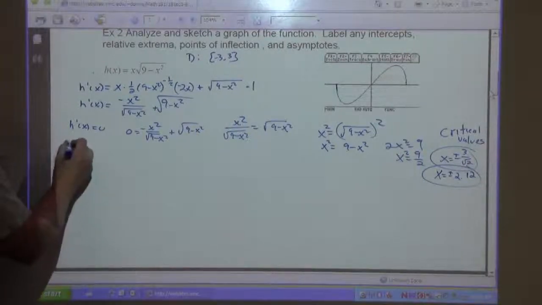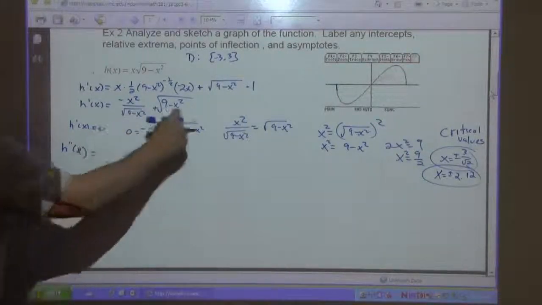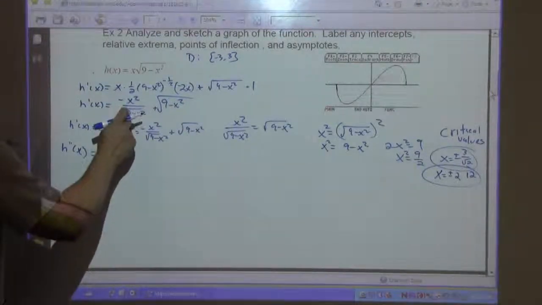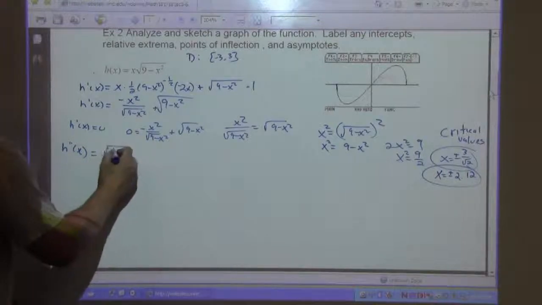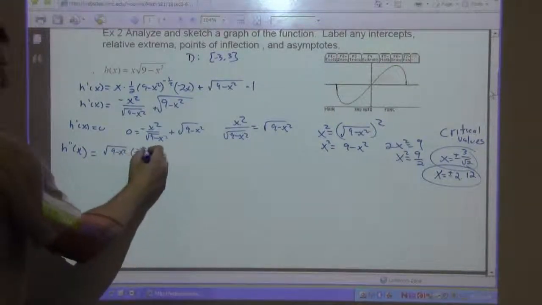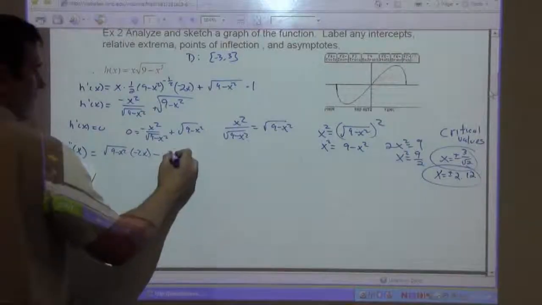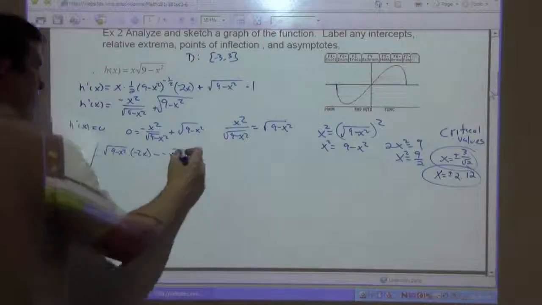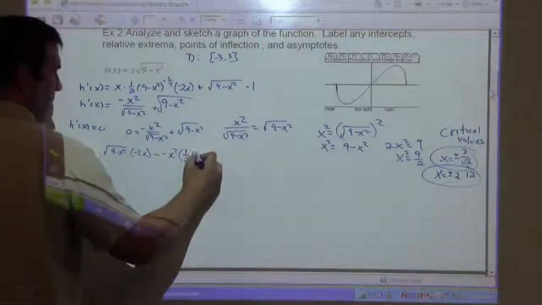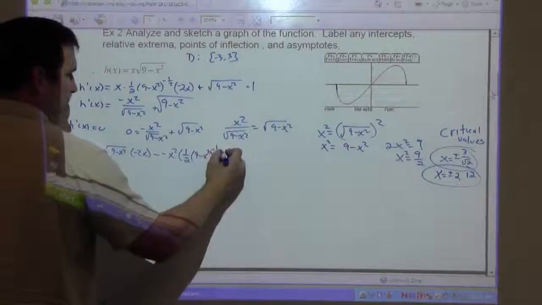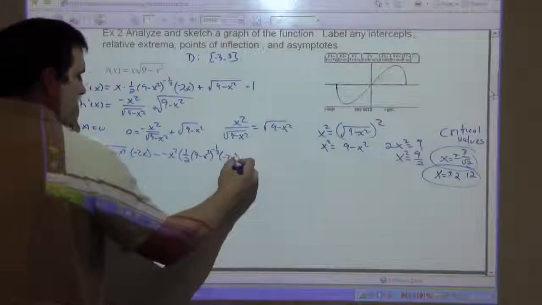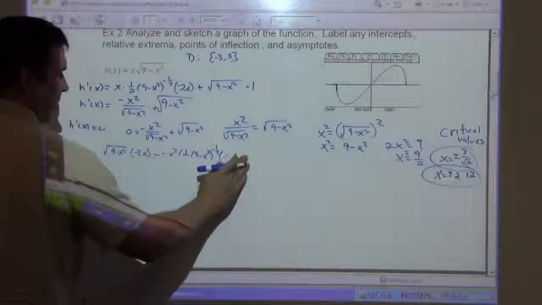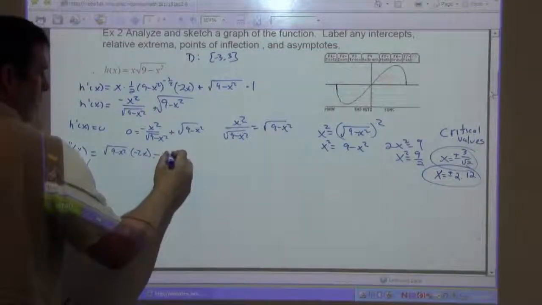As for our second derivative of this part right here, we're going to do low d high, so it's going to be the square root of 9 minus x squared times negative 2x minus high, negative x squared, times this derivative, which is going to be, again, 1/2 times 9 minus x squared to the negative 1/2 times negative 2x over, oops, I'm writing this on the computer.